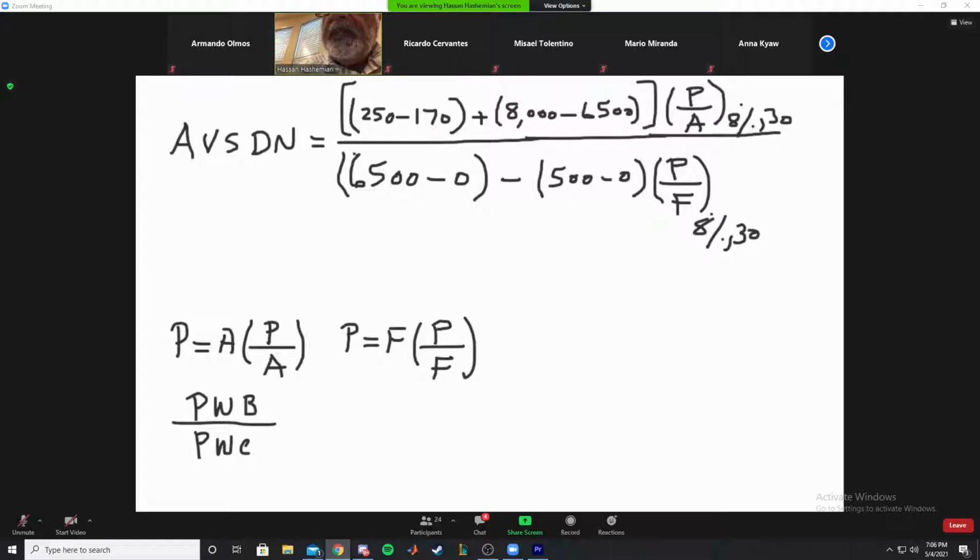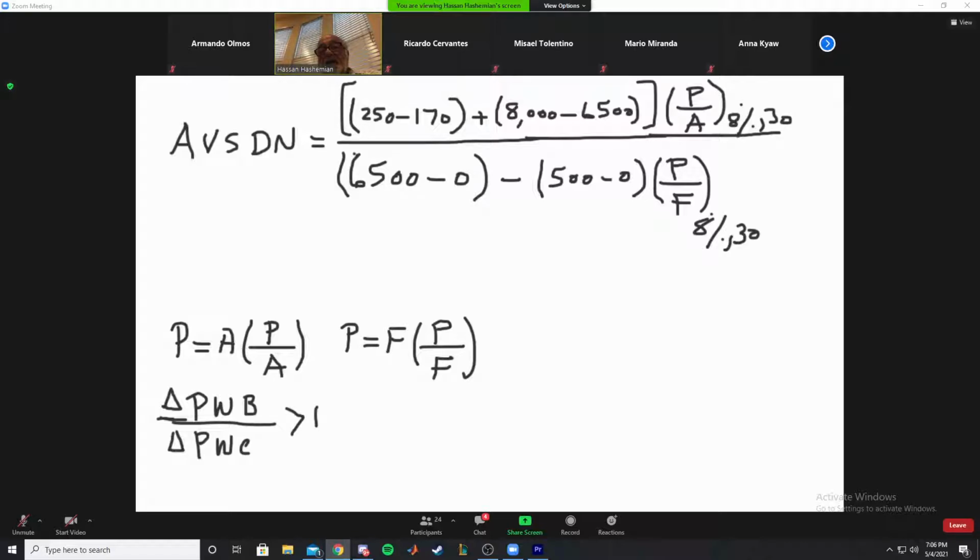So what I did is I found the delta PWB over delta PWC. Difference between the benefit, difference between the cost. Now, if the difference between the benefit over difference between the cost is higher than 1, means that what?